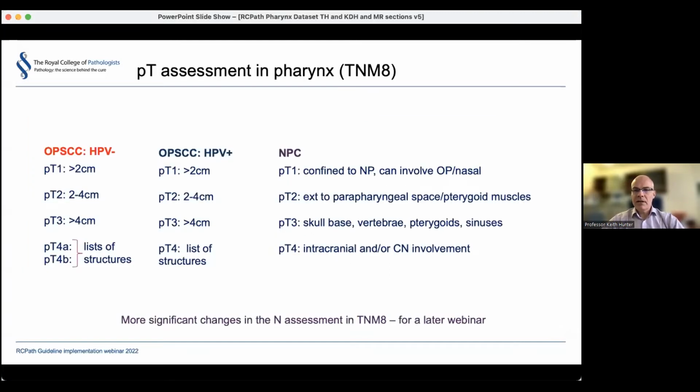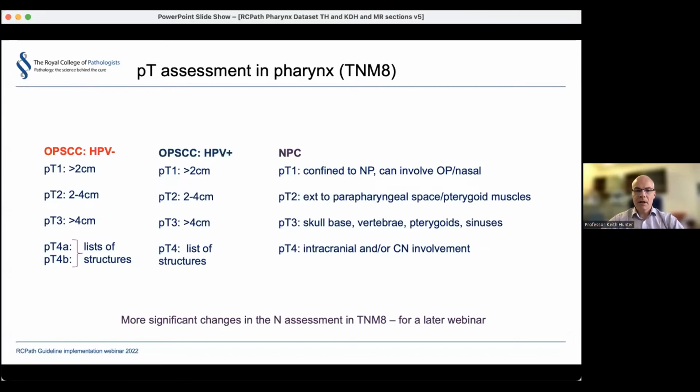The pT assessment is shown in the slide here, and you can see the slight variations that we have in relation to oropharynx and nasopharynx. In oropharynx, the pT is still largely related to size, but for T4 there is also a list of structures into which the tumour is invading, with a greater granularity in HPV-negative oropharynx cancer with T4a and b, whereas nasopharynx is pT1 to 4, largely in relation to the anatomical extent of the tumour.